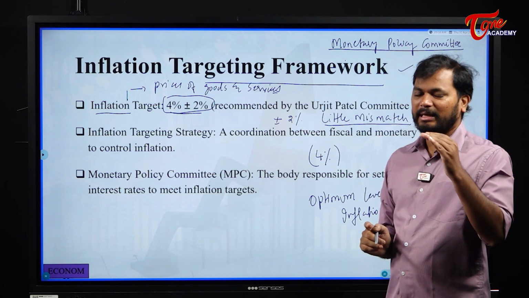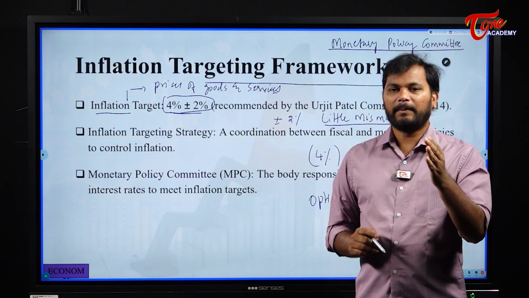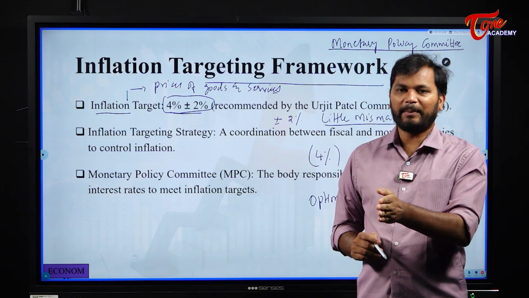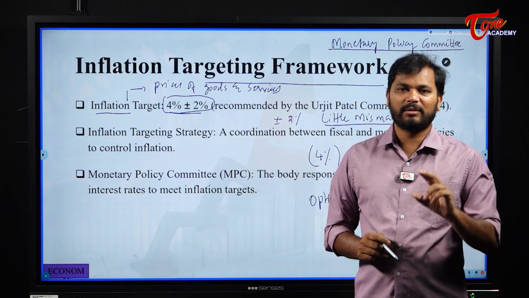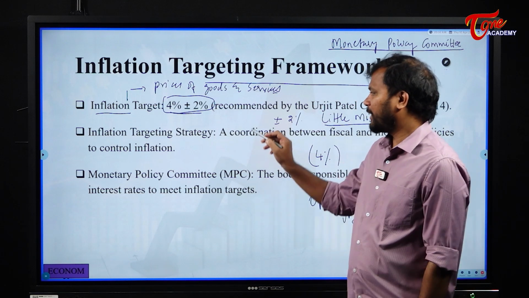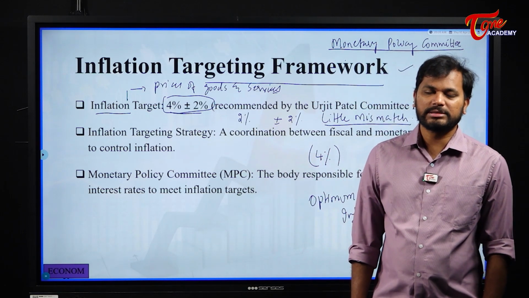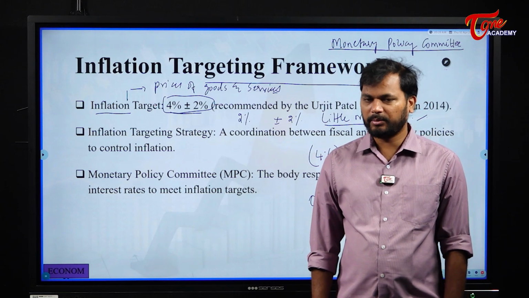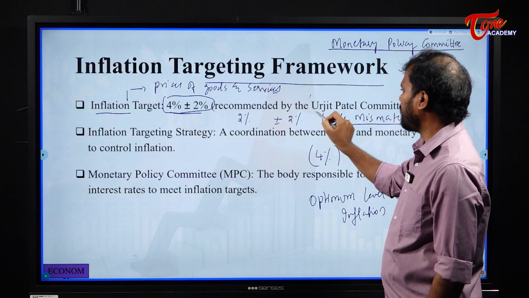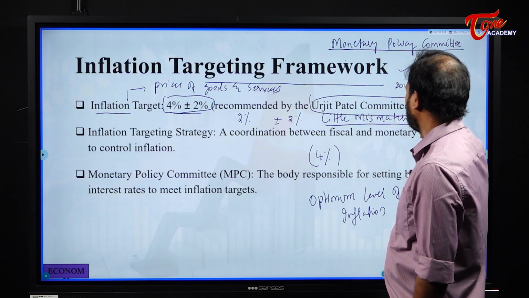At the peak level, the inflation can increase up to 6%, but that can happen only when there is some kind of economic instability, some kind of factors like COVID, etc. And it can decrease to 2%, but decreasing beyond 2% is also not wise for the economy, not good for the economy. Okay. So, this target is recommended by the Urjit Patel Committee in the year 2014.